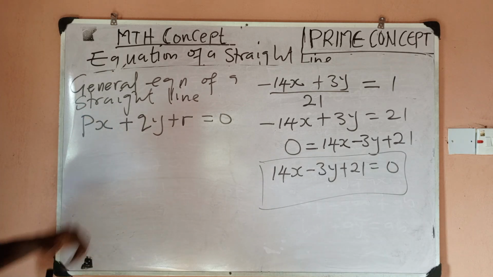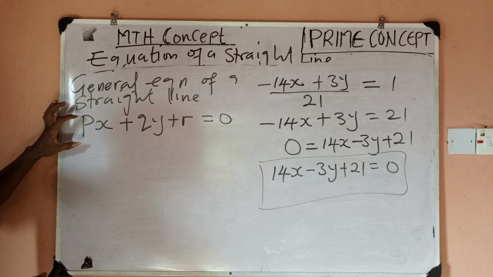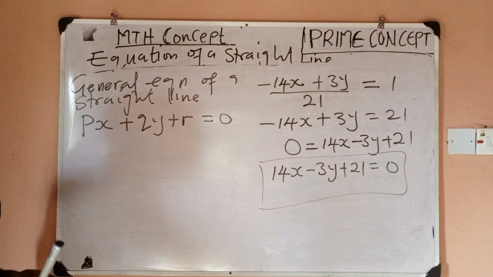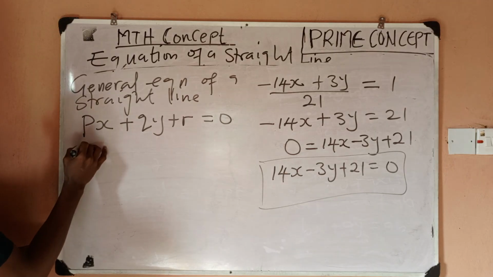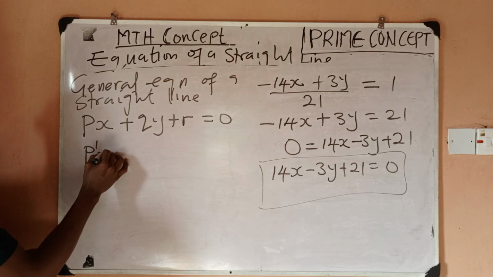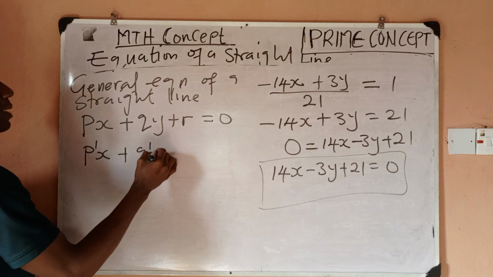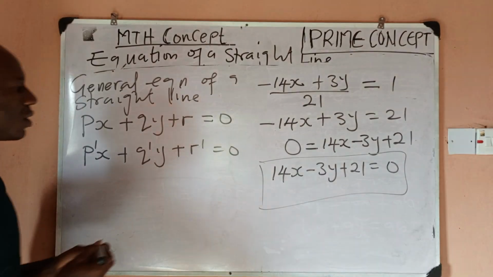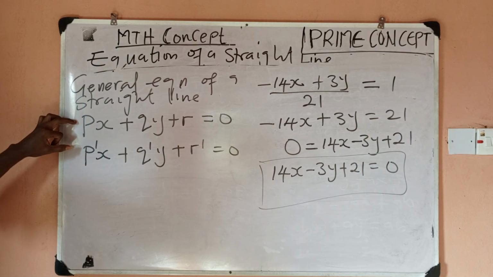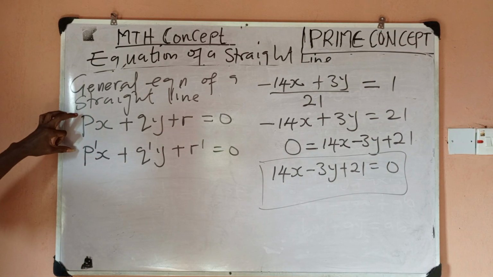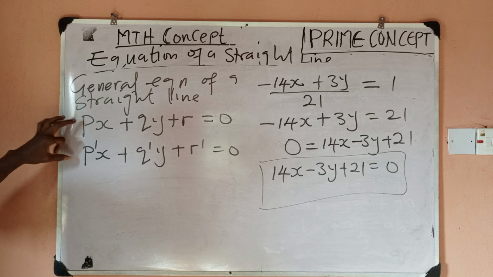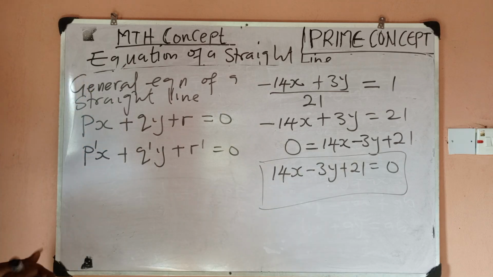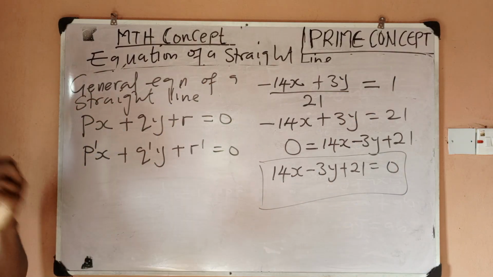What you should know is that if this particular equation is proportional to, or is the same as, this equation, p prime x plus q prime y plus r prime equals 0, that is, if these two equations represent the same straight line, then their coefficients are proportional.